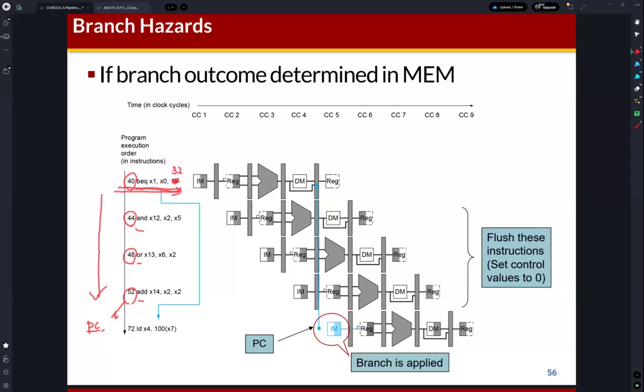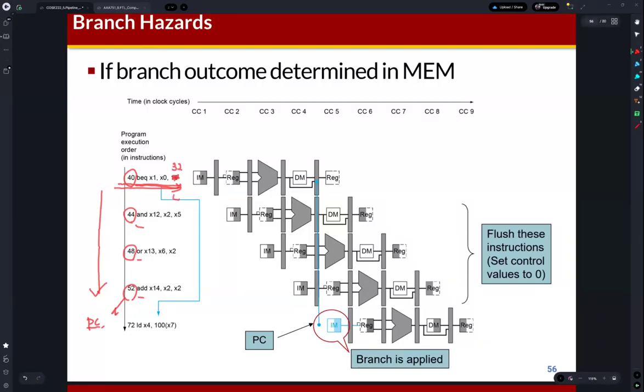If the condition is true, then we need to jump to 40 plus 32, to this load instruction. But if the branch condition is false, then the next instruction will be executed.